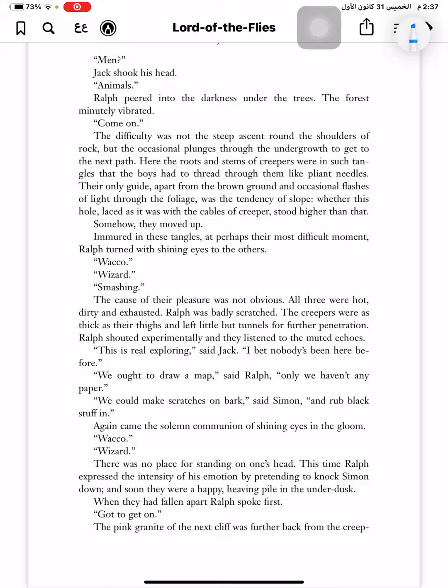Another sense of imitation of the outside world comes at this point of the chapter when the boys, especially Ralph, said, "This belongs to us." This is a reference to invasion, which is a political concern, as if the boys now imagine the place is just like their own, and they are trying to capture this place, to invade it, to dominate it.